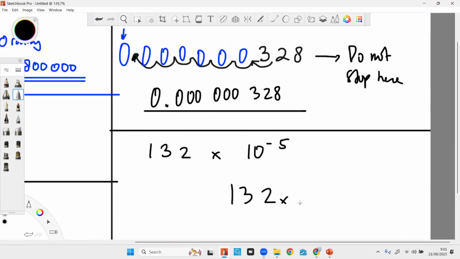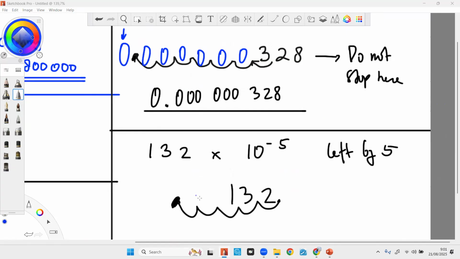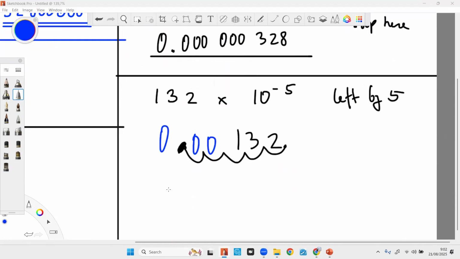You put it here, at the end of the unit place value. Go left by 5. Start from here. 1, 2, 3, 4, 5. The decimal put here. And then you put extra 0s in between the numbers and the point. So 0.00132. That's it.